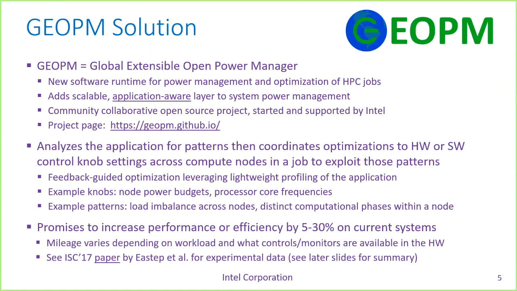This is very much an online optimization process driven by feedback, application profiling data. We get that application profiling data through some lightweight profiling, which I will talk about in a few slides. Some examples of the kinds of knobs that you can tune with GEOPM include things like the power budget allocated to each compute node in the job, the frequency that the processor or individual processor cores run at.